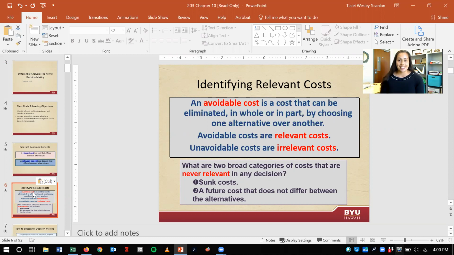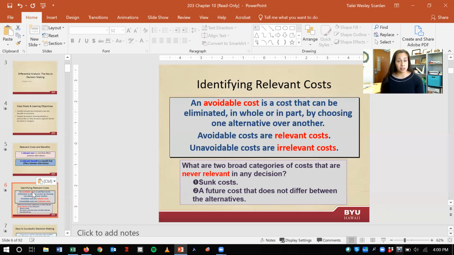So the example is that you are going to watch a movie on Friday night. Well, you've decided that you're going to order pizza no matter what, even if you go out or stay in. The pizza would be irrelevant because you're going to pay for the pizza and that's what you've decided to eat for dinner. But if you're going to go out and watch a movie at a movie theater, probably not super likely right now, or stay in, the cost of renting a movie at home could be something around $4, or $6 or $7, while going out might be around $20.